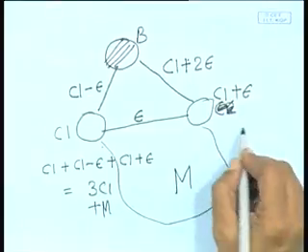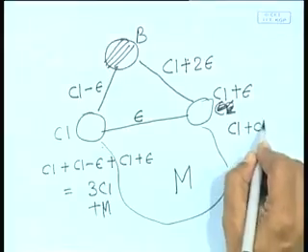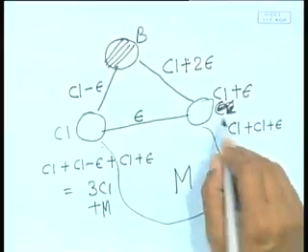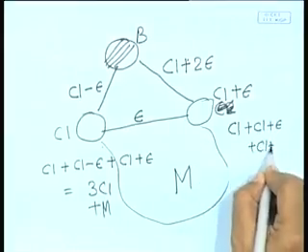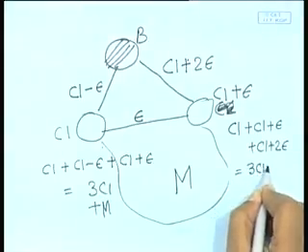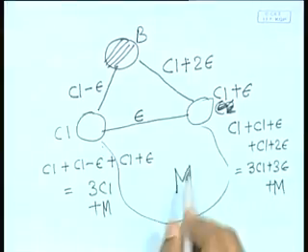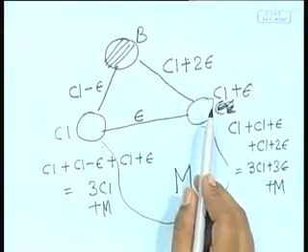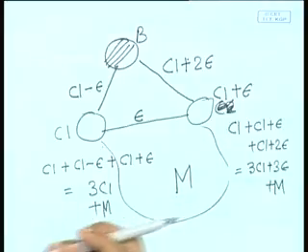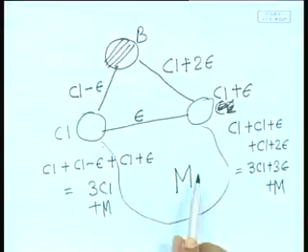And this one gets C1 from here plus C1 plus epsilon its own time plus C1 plus 2 epsilon. So this is 3 C1 plus 3 epsilon plus m. So that simplifies, just considering one clock rather than using 2 values C1 and C2, which was leading to unnecessary complications.